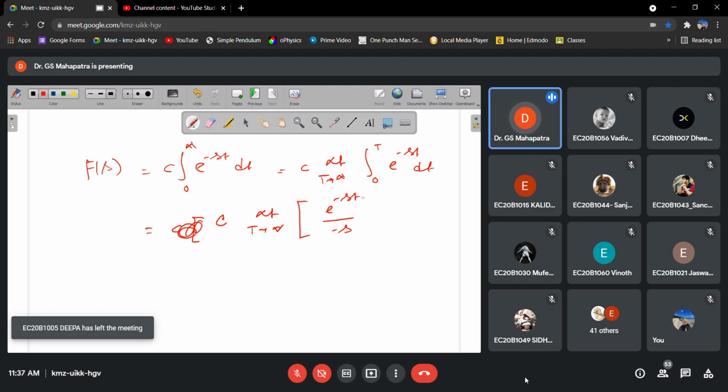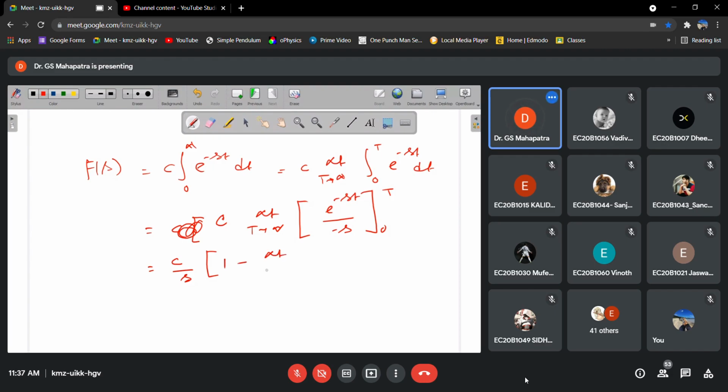There is no infinity now, so we can write like that. See that s is complex and c is independent of t, so we can take it outside the limit. So it is 1 minus, limit t tends to infinity, e to the power minus st.